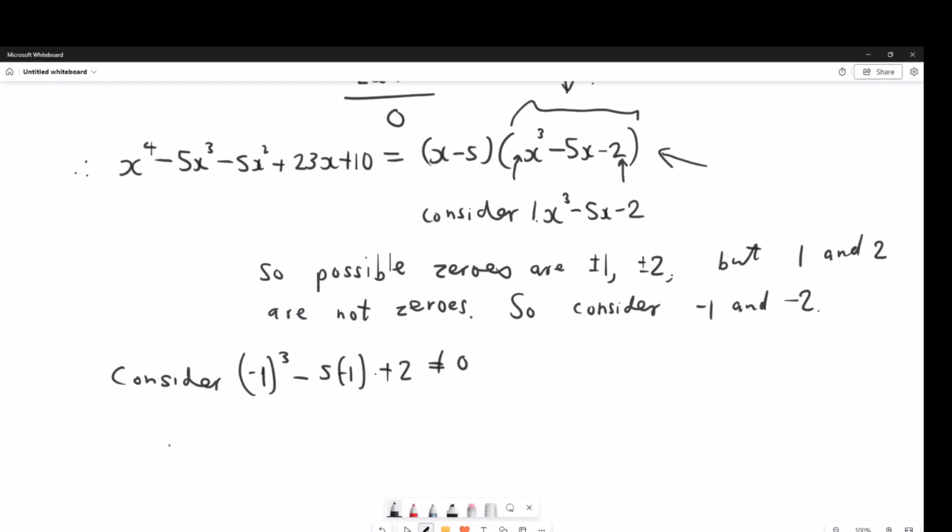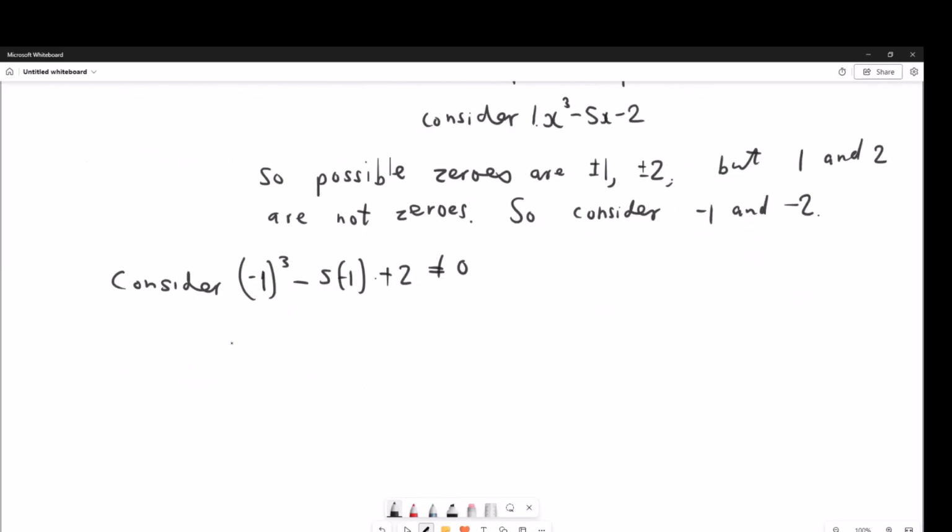So we try -2 now. -2 should be our 0. So -2 cubed, -5 times -2, -2. Let's see what we have there. We have -8 plus 10 minus 2, which gives us 0.